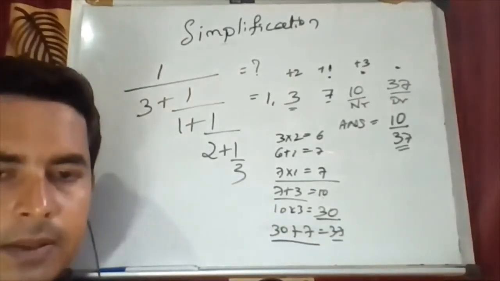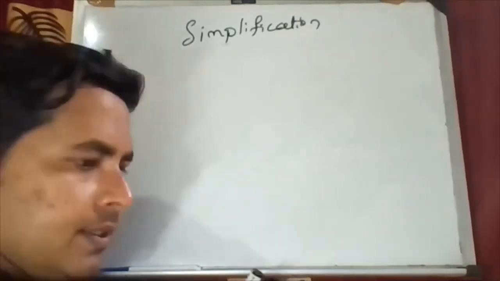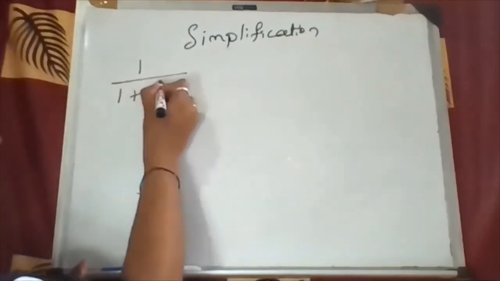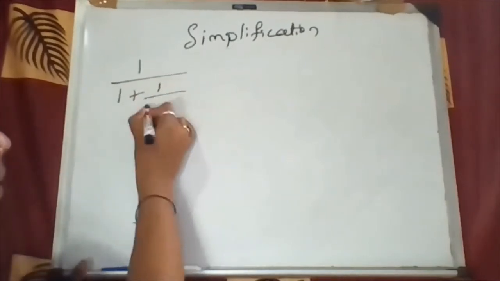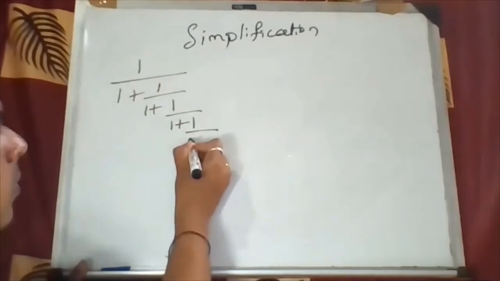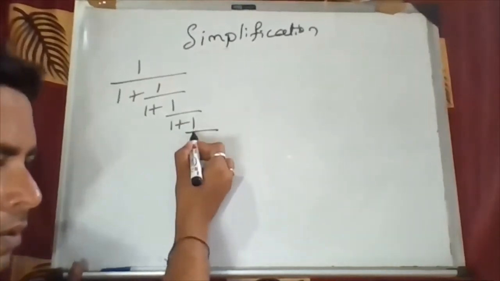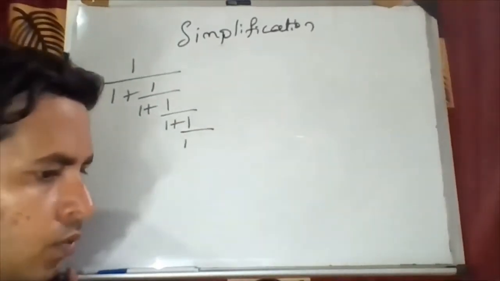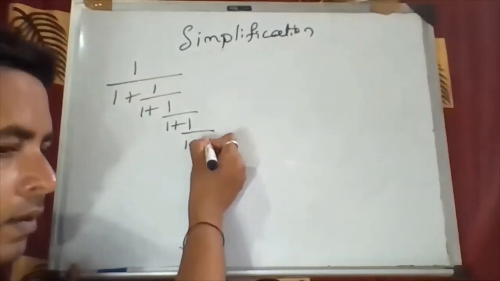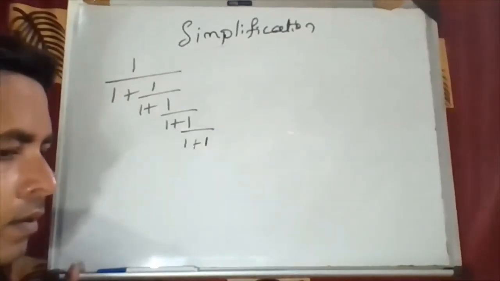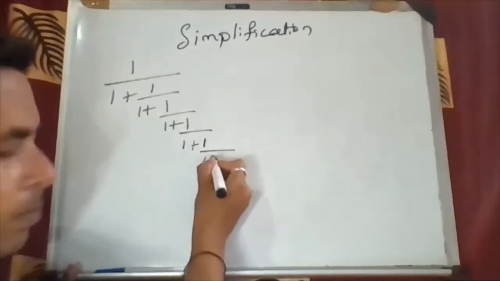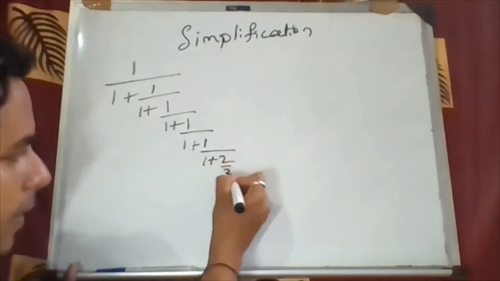Okay. So like this, here 1 by 1 plus 1 by 1 plus 1 by 1 plus 1 by 1 plus 2 by 3.